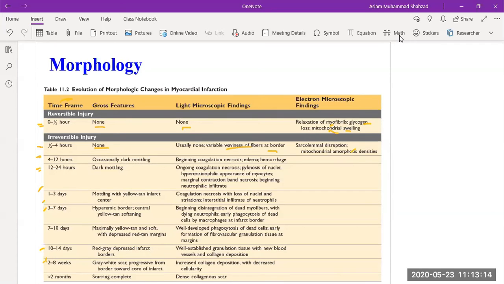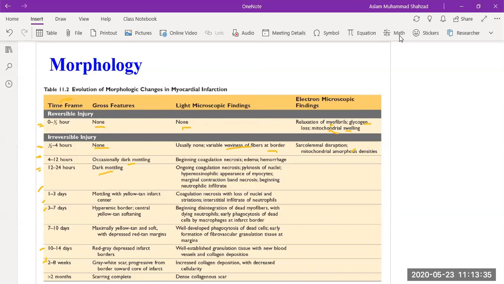But if you see in further hours from 4 to 12 and 24, I'm not going to explain in detail, but you have to see that the gross features will be seen after 4 to 12 hours, where we found occasional dark mottling, which further increases to dark mottling.